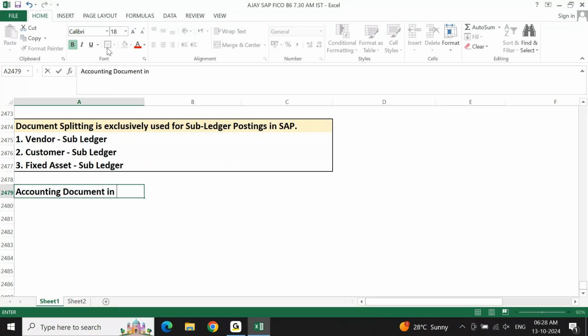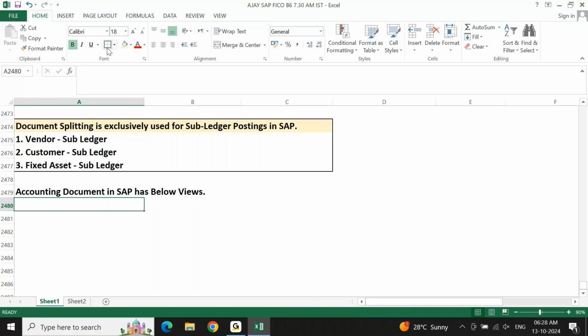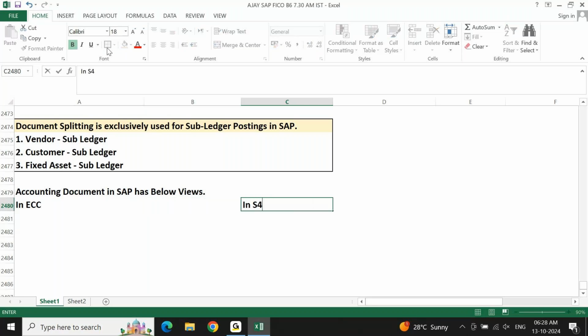Next one, accounting document in SAP has below views. First one in ECC and second one in S/4HANA.